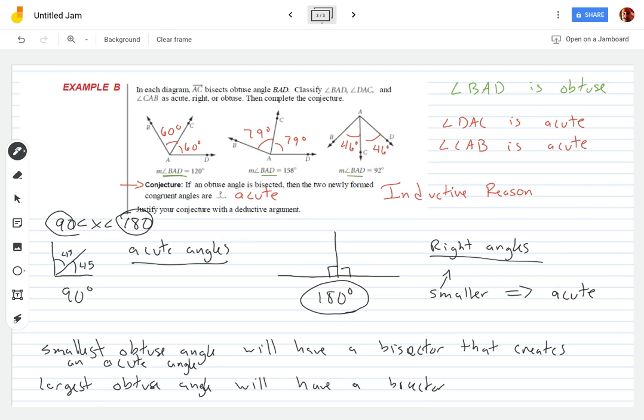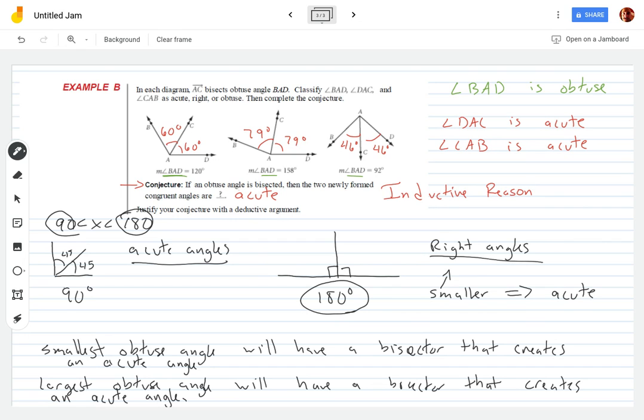My handwriting's getting pretty bad here. Okay, so if the smallest one creates an acute angle and the largest creates an acute angle, that means any other obtuse angle is going to be either equal to one of those two or in between them. So in between an acute angle and an acute angle, it's got to be an acute angle.